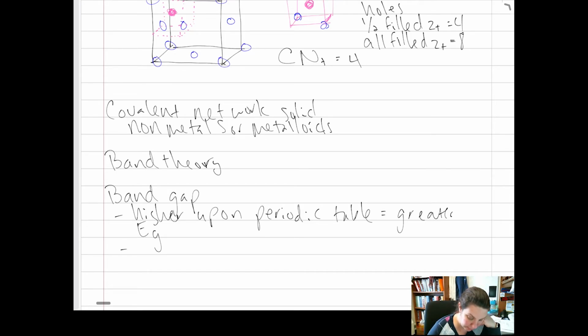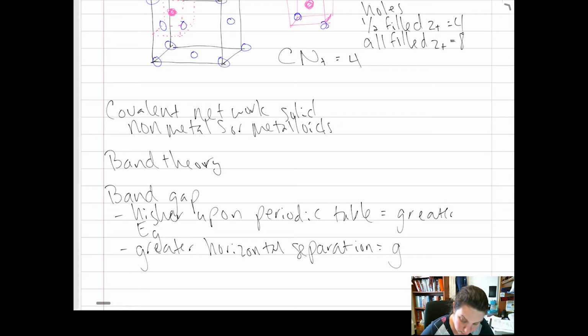So greater horizontal difference will lead to a greater band gap. Okay, so you should be able to look at materials and determine how their band gaps are going to differ.